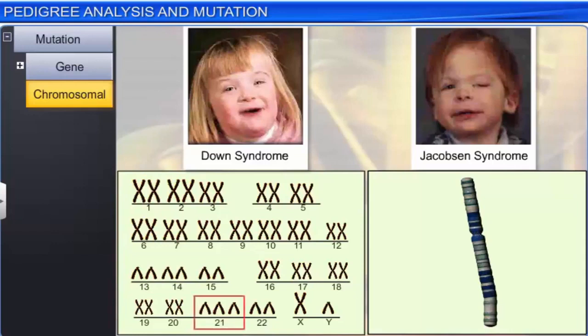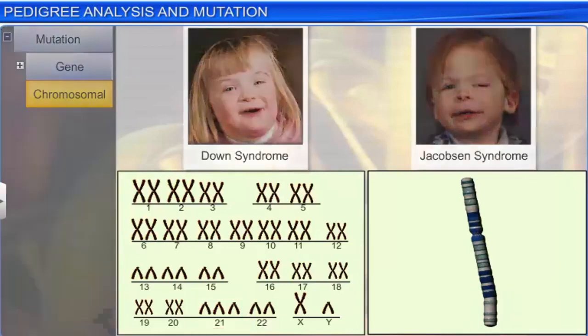Down's syndrome and Jacobson's syndrome are some disorders caused by chromosomal mutations. Down's syndrome is caused by an additional X chromosome in the 21st chromosome, and Jacobson's syndrome due to deletion of a portion of the 11th chromosome.